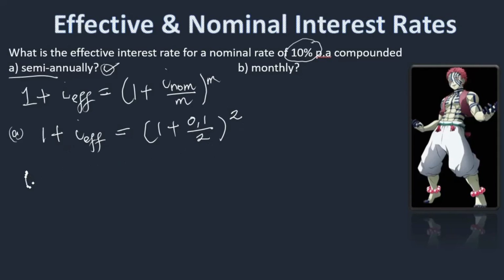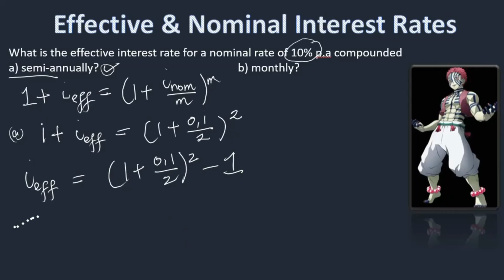Now, when I look for my i EFF, it's going to be equals to 1 plus 0.1 over 2 raised to 2. I'll take this 1 to this side. Now it becomes minus 1. Do we see that? Now my effective interest rate will be equals to, you can pull out your calculator here.